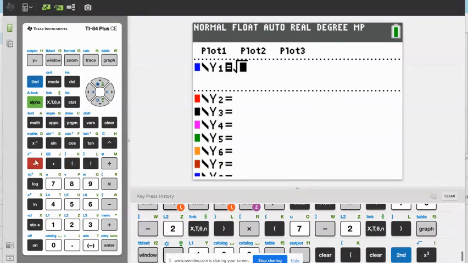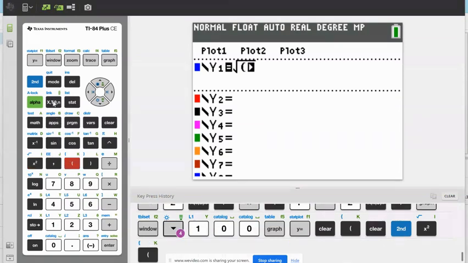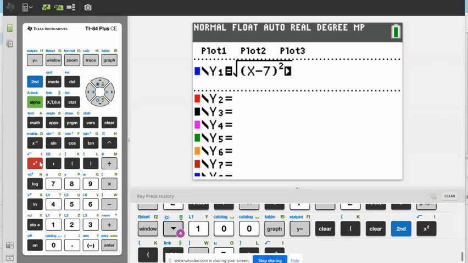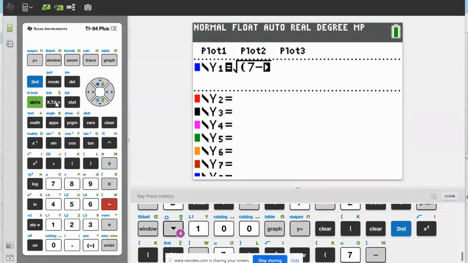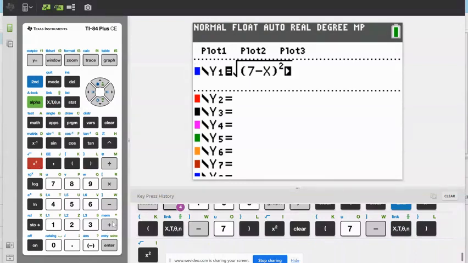Second root, (x minus 7) squared. Oops, sorry. Nope, that's not what we had. We had 7 minus x, doesn't matter though, squared, plus, then we're going to have 4 minus parentheses.